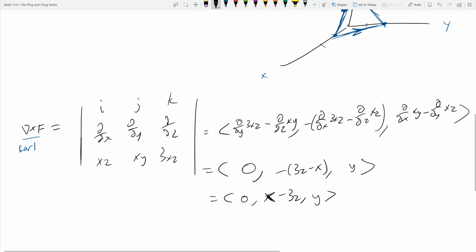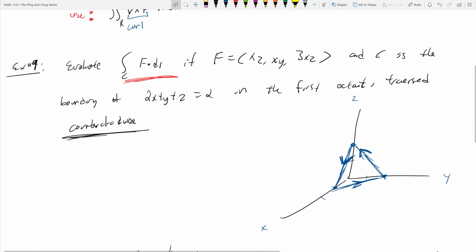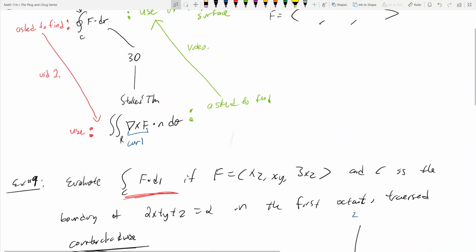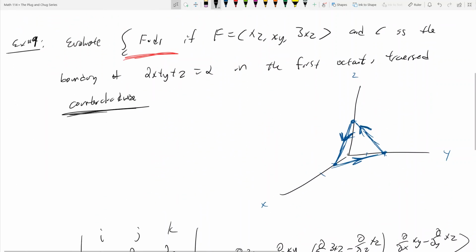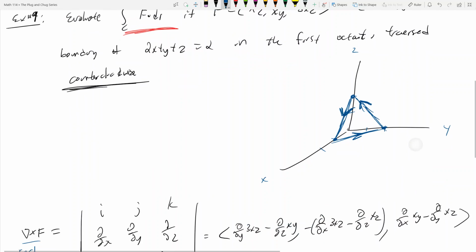We're cool with that, right? Now we need to find the normal. What's the normal vector? Well, we're on the plane, so when we're given a plane, the boundary of the surface is really the boundary of the plane, and on the plane we have a normal.